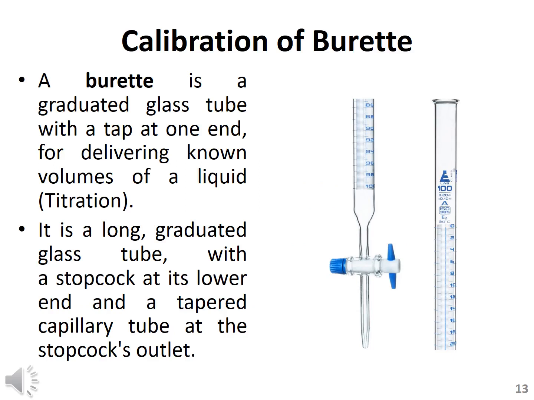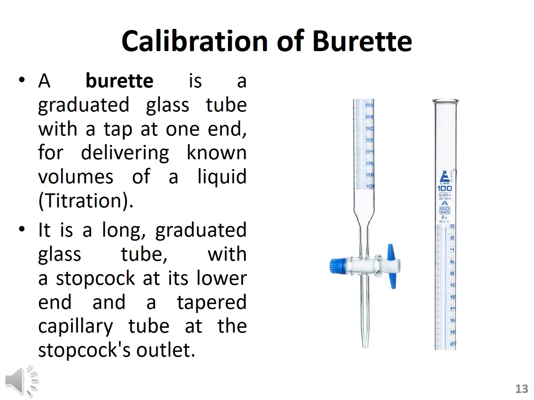Burette is another type of volumetric glassware which is used in analytical chemistry for accurate dispensing of liquid, especially one of the reagents in the titration, which is known as the titrant. We usually take the titrant in the burette.